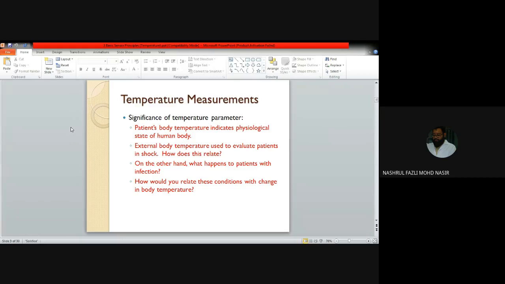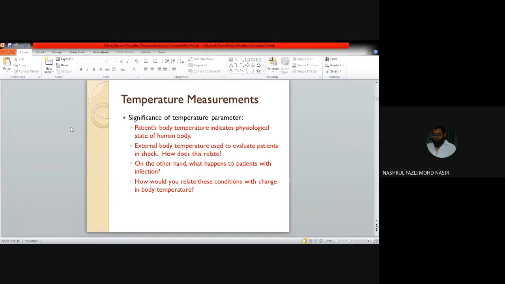It has been like ages. Since the beginning, people have known that if a person has a fever, the temperature will go high.